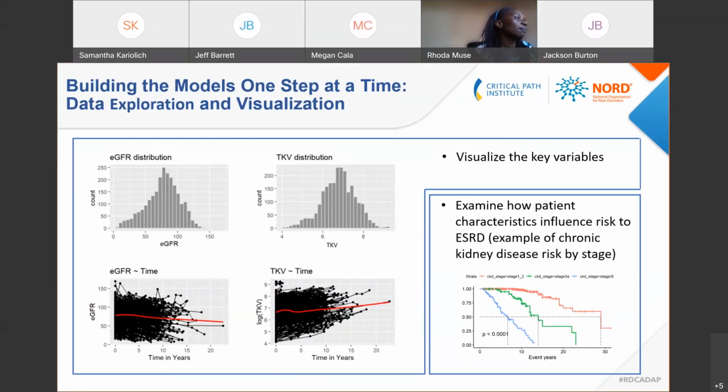And as we see the plot of the longitudinal markers over time, for eGFR, on average, we see that it declines, while the TKV on the log scale on average increases over time, as expected from a clinical standpoint. On the very right-hand side, we plot the time to end-stage renal disease, stratified by the baseline chronic kidney stage. And also, as expected, those who are at a later stage of chronic kidney disease progress to end-stage renal disease earlier than those who are at the earlier stages. Next slide.